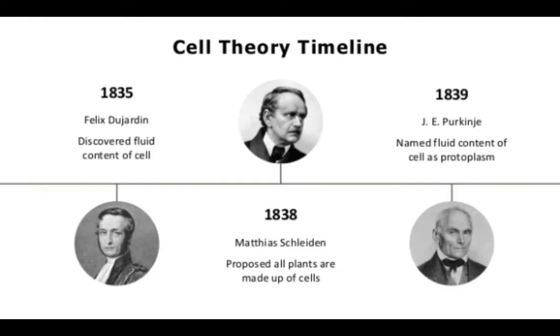Now, in 1838, Matthias Schleiden proposed all plants are made up of cells. After 1 year, in 1839, J.E. Purkinje named the fluid content of the cell protoplasm.